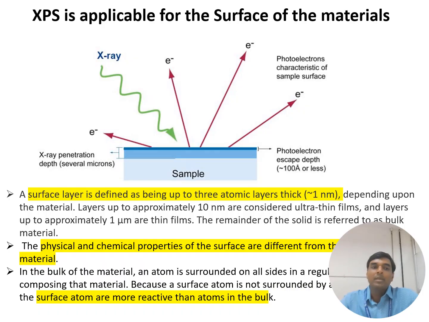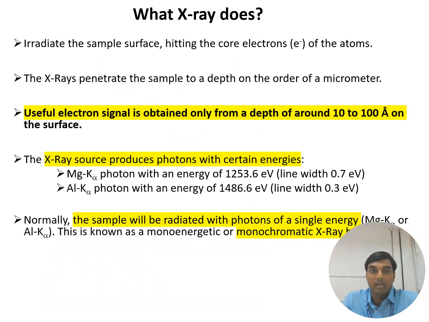And basically the physical and chemical properties of the surface of the material will be different from the inner part, and in the bulk material an atom will be surrounded on all sides. The surface atom is generally more active compared to the inner atoms in the bulk.